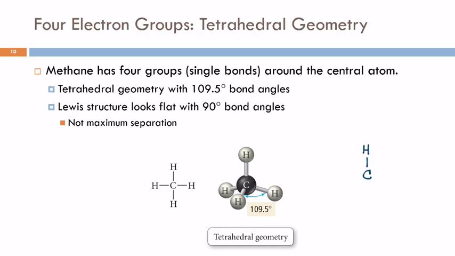And your book goes over this a little later in the chapter. We'll use regular lines to indicate bonds or electron groups that are in the plane of the screen or the tablet or whatever you're looking at this on. And then we use a wedge to indicate that that one's coming out at you, and then we use a hashed wedge to indicate that this one is behind the plane.